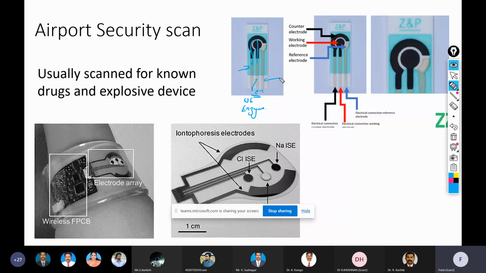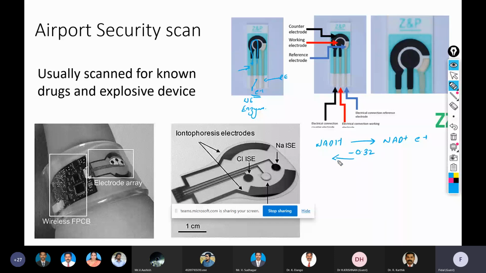Now there's a third electrode they use called the reference electrode. Now this reference electrode is very essential because, as I said, most biological reactions happen at a particular potential. So for example, NADH is converted to NAD plus electrons at a potential of minus 0.32 volts.